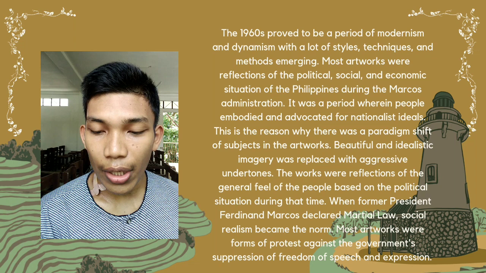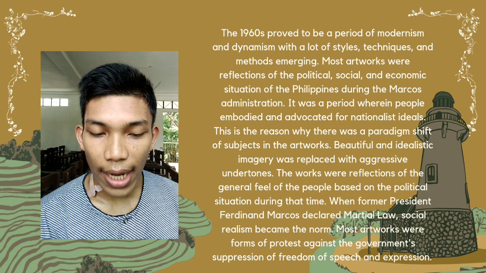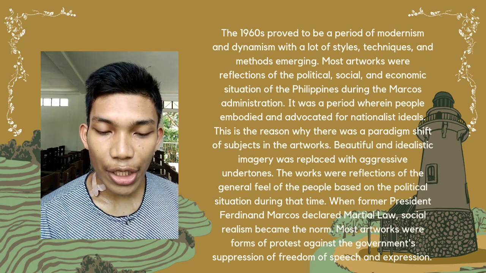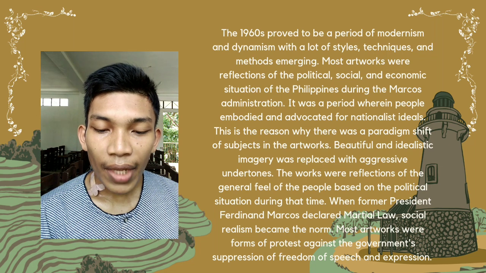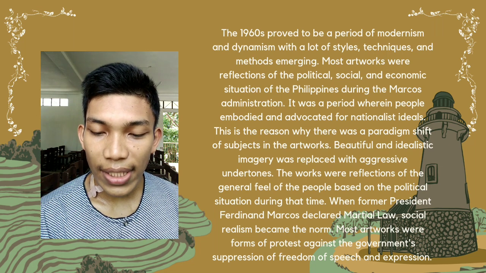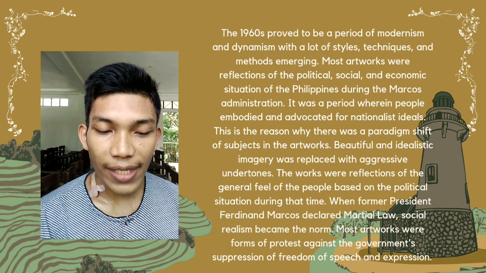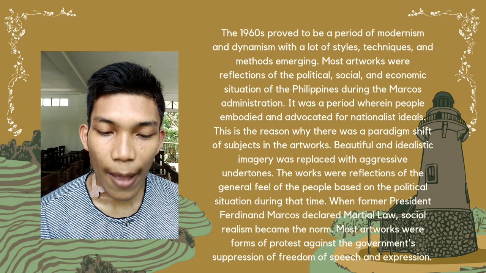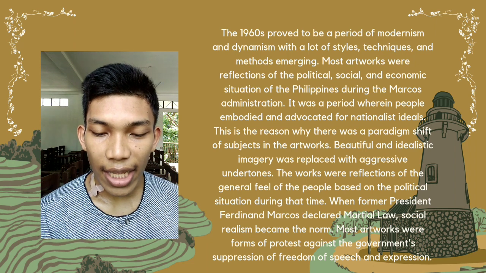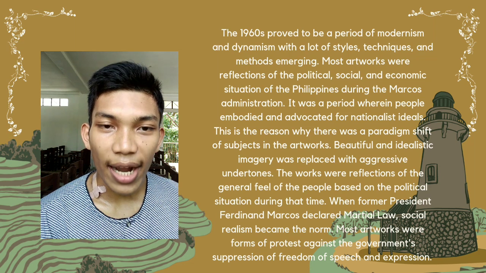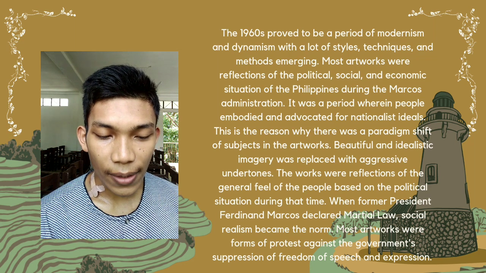It was a period wherein people embodied and advocated for nationalist ideals. This is the reason why there was a paradigm shift of subject in the artworks. Beautiful and idealistic imagery was replaced with aggressive undertones.